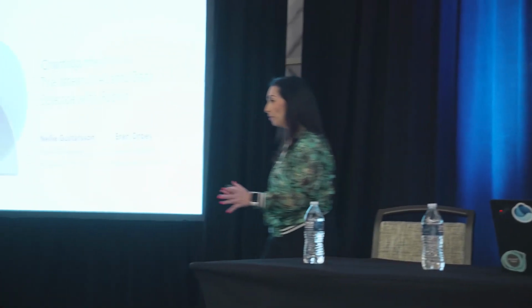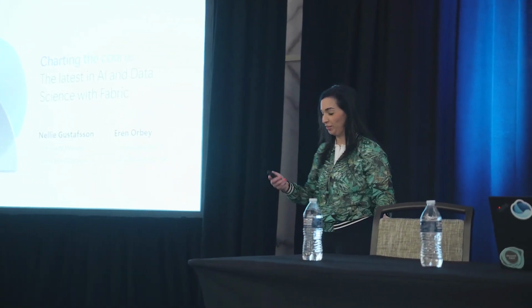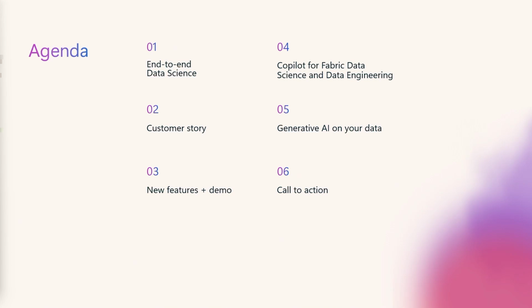All right. Yeah, so we're super excited to get started. We have a lot of content to cover because we wanted to jam in as much as possible. There's so much we want to share with all of you. So this is what we had in mind, roughly. We're going to start off talking about our data science features in Fabric, what's new around that. We're also going to highlight one of our customers. They're going to join us and tell us about their journey and what they have done with data science in Fabric.